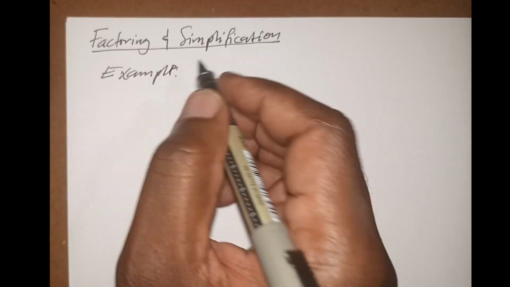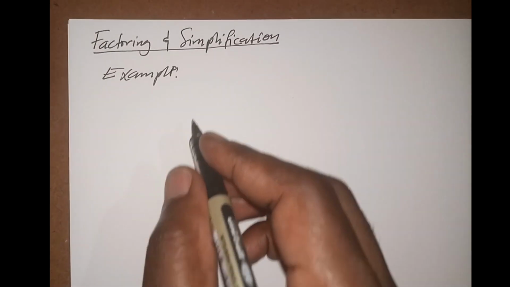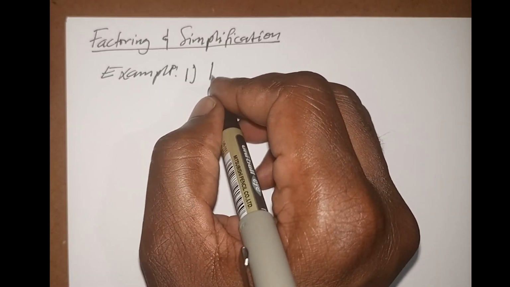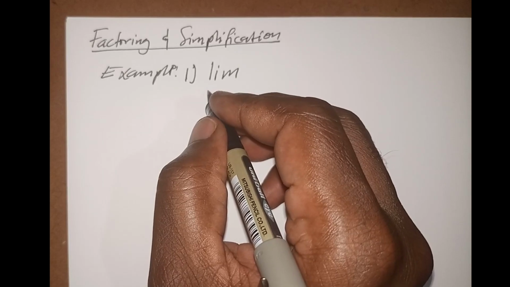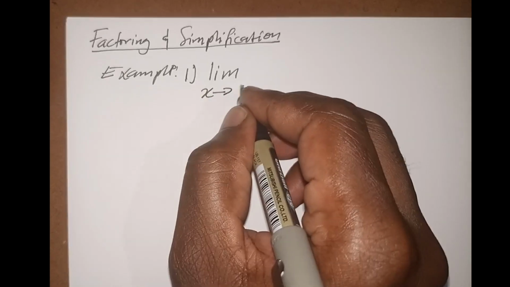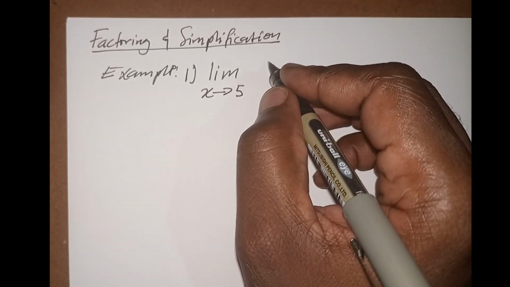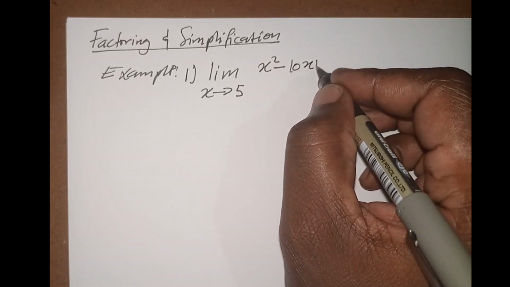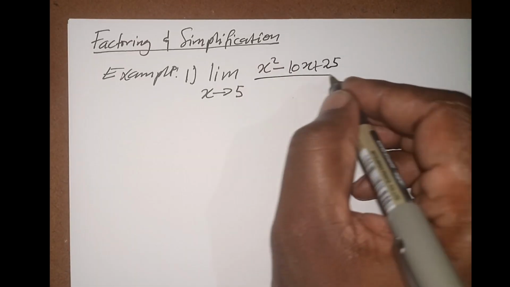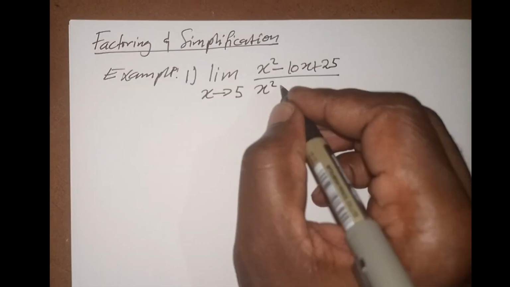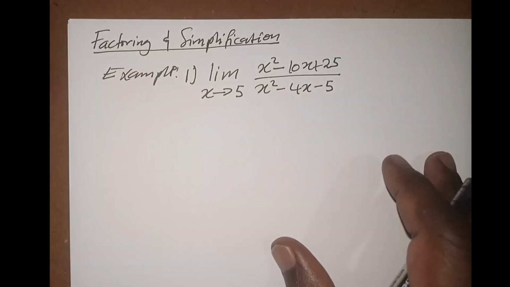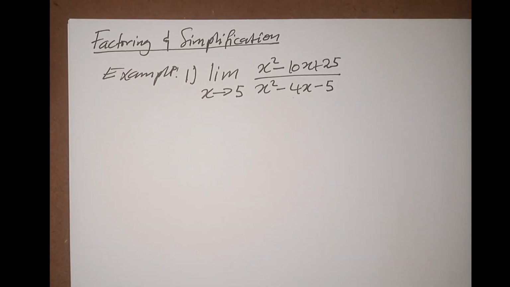So an example on this, we can have example number 1. Find the limit of x squared minus 10x plus 25 over x squared minus 4x minus 5, as x approaches 5, something that should give you some indeterminate solution.